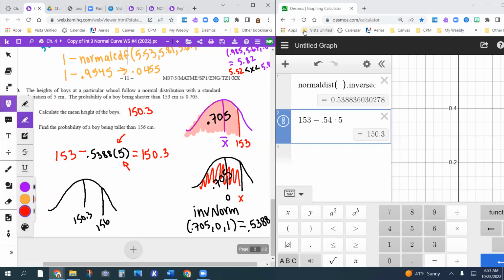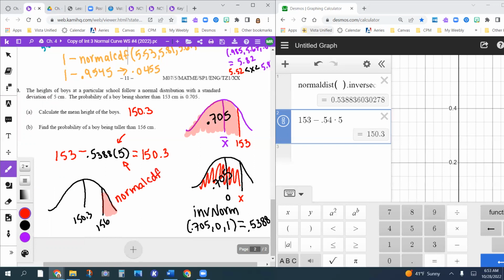What I'm going to do in this case is normal CDF. Lower bound 156, upper bound 10 to the 99. Mean 150.3, standard deviation 5. Put that into my calculator.